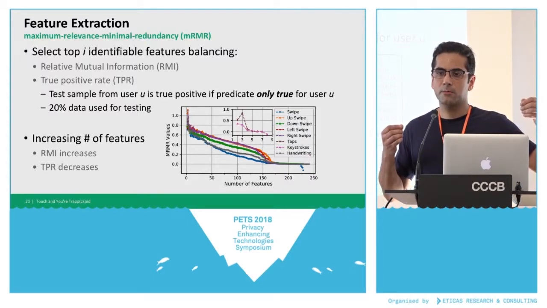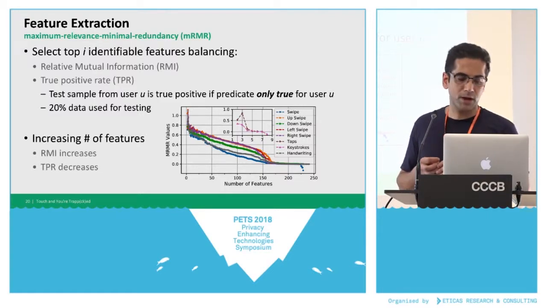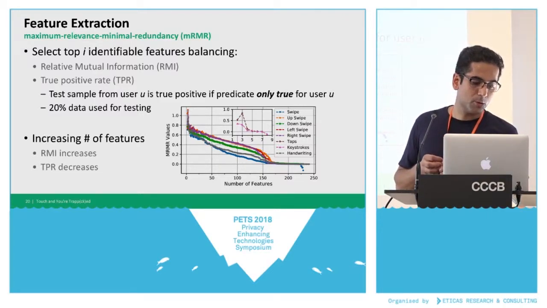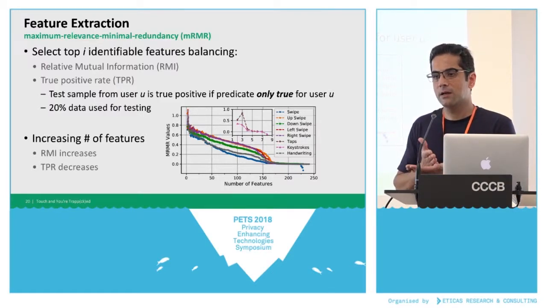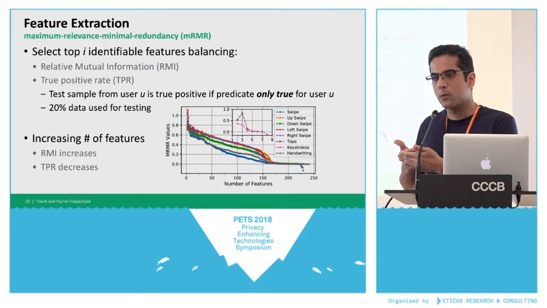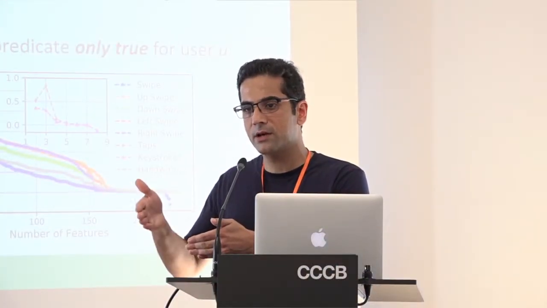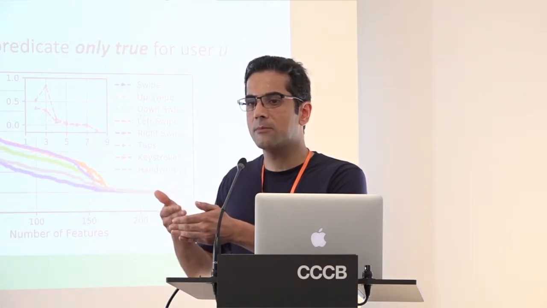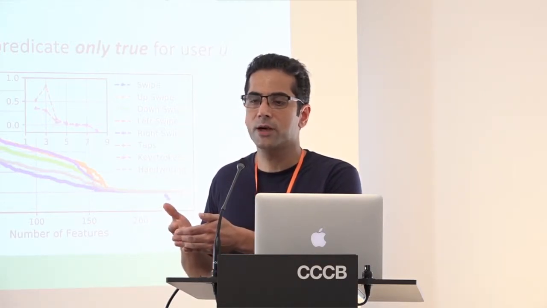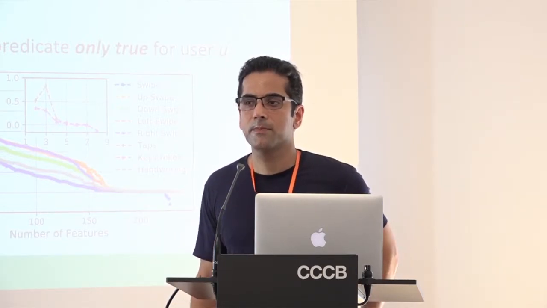Then we ran them through an algorithm called minimum redundancy maximum relevance, which basically weeds out all features that are somewhat correlated with other features. So we take the one that is maximally identifying, and any other features that are giving you very similar information are not selected. So we go through this process.